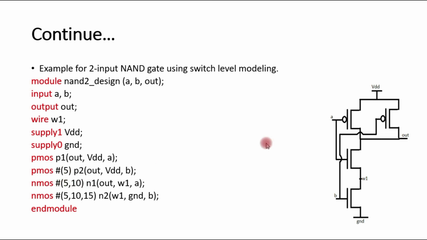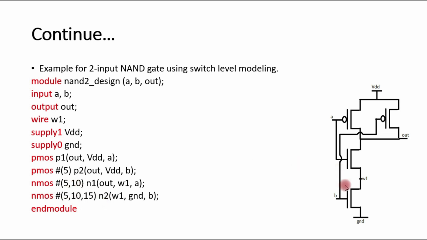NMOS N1, N1 is this transistor, and here we assign two values inside the bracket, 5 and 10. So the first value is the rise delay, and the second value reflects fall delay. In this case the turn-off delay will be the lowest value between these two delay values. It means turn-off delay is 5 units.